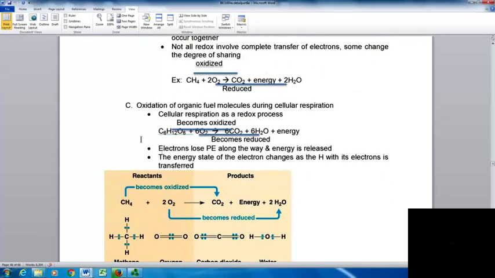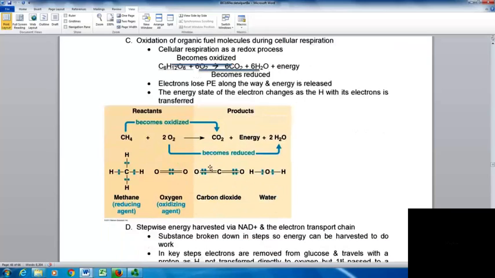When we oxidize organic fuels during cellular respiration, part of the reactants are oxidized and part become reduced. In the process, the electrons lose some potential energy along the way, and that energy is released. The state of the electron changes as the hydrogen with its electron is transferred.